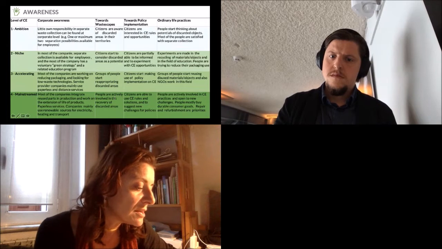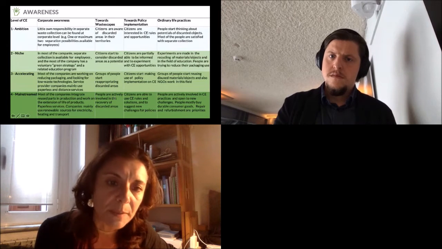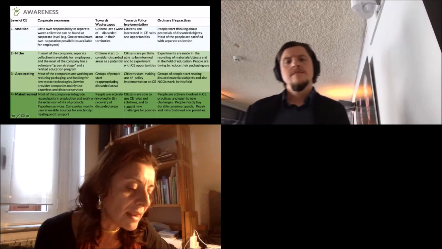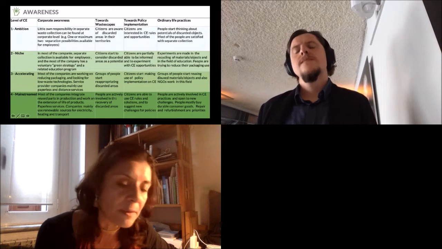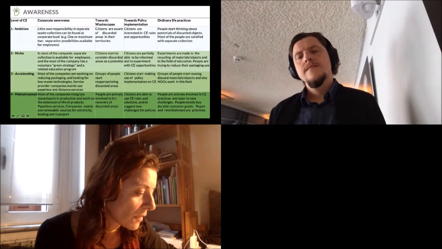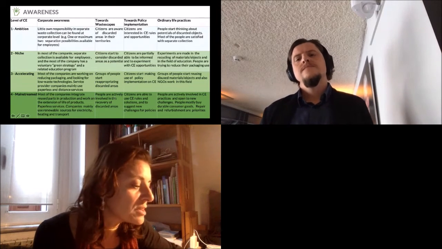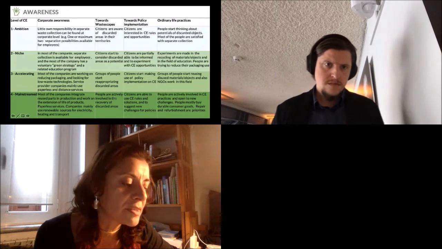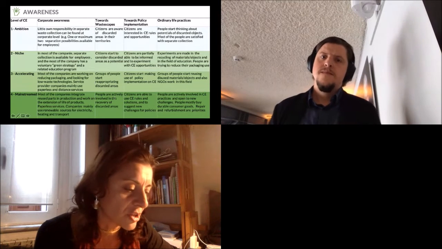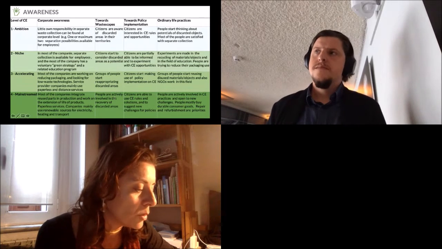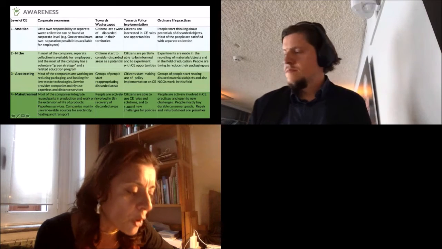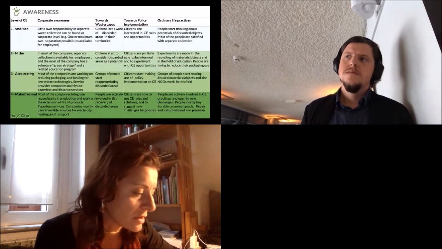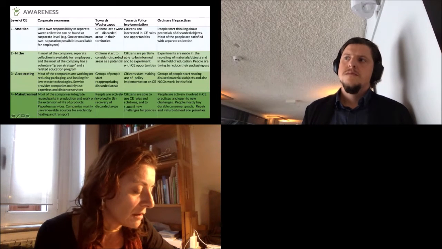The third dimension is awareness towards policy implementation. It is citizens' awareness of possibilities provided by the policy framework on circular economy. If in a first stage citizens are interested in the framework of circular economy rules and measures made possible by public policies, then they become informed and try to experiment with circular economy opportunities within policy making.